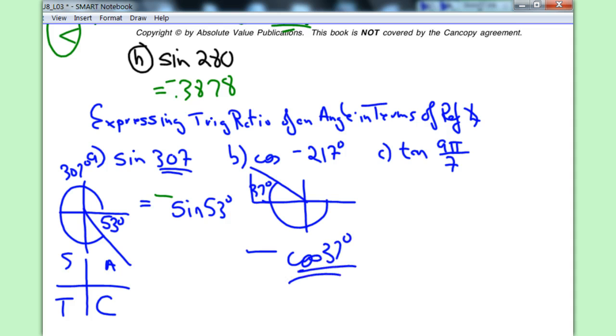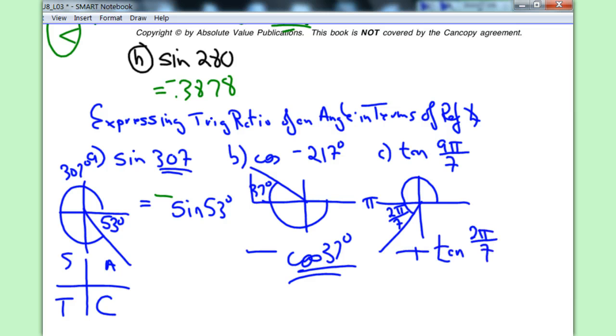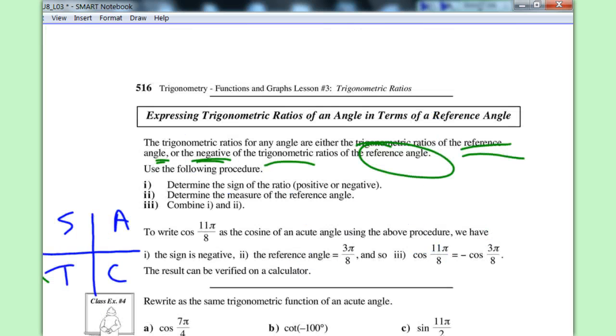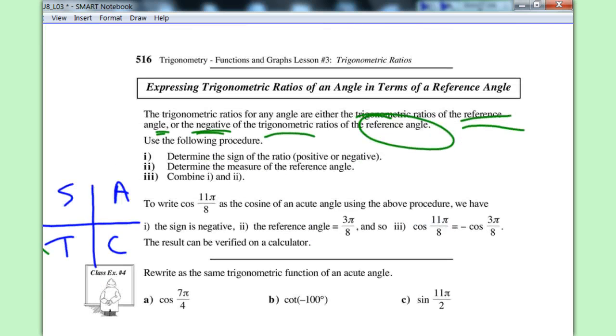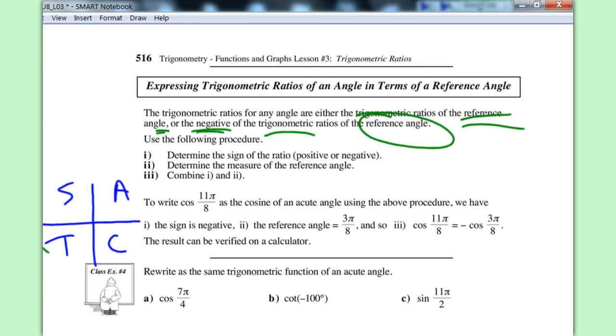So it would be minus cosine of 37. And lastly, what about a radian angle? Well, if I'm at 9 pi over 7, this is pi, and so that would be 2/7 more than pi. Therefore, this would be positive tangent of 2 pi over 7 if I expressed it in terms of a reference angle, right?